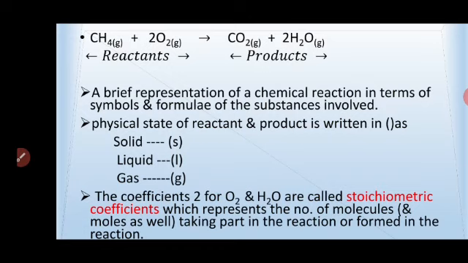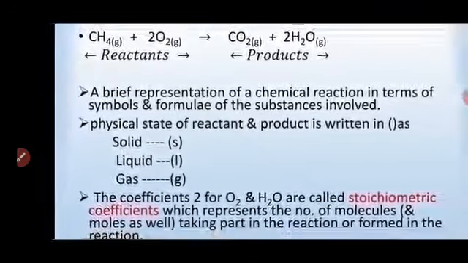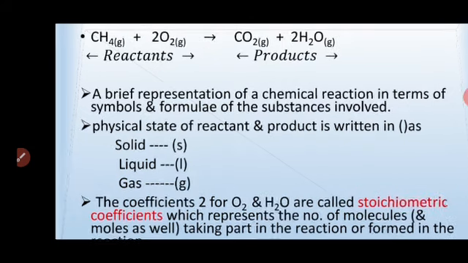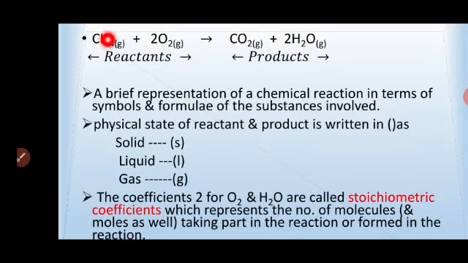Okay, now when we write this in the form of formulae, methane is written as CH4, and in bracket it is written as (g), g stands for gas. Then O2 is oxygen gas, CO2 is gas, and the water molecule is also in the form of steam, therefore it is written as gas. Okay, so in between, the arrow is given.